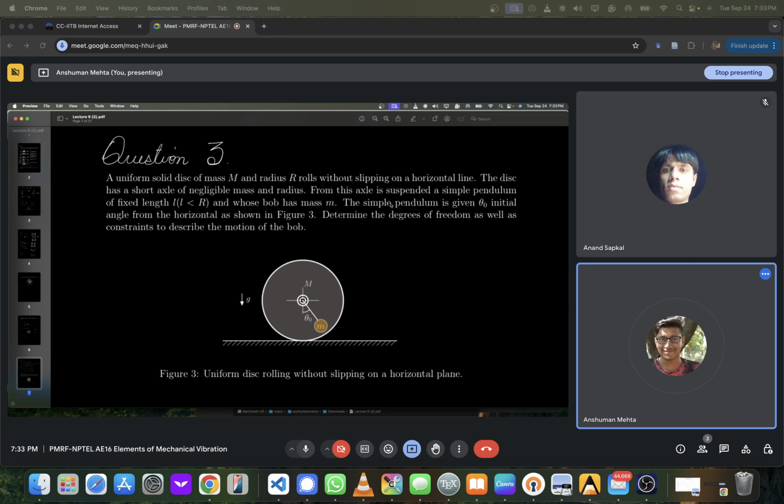There is a uniform disc, and that is stationary for now, but it can roll without slipping on a horizontal line as shown in the figure.